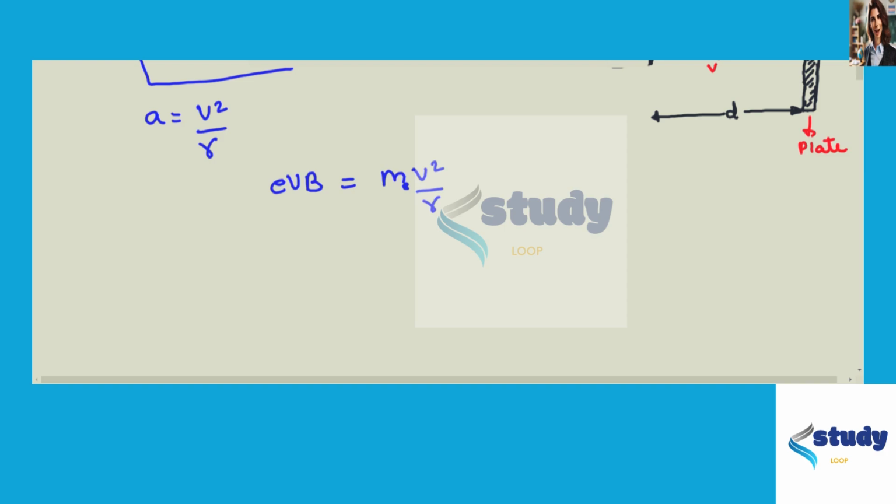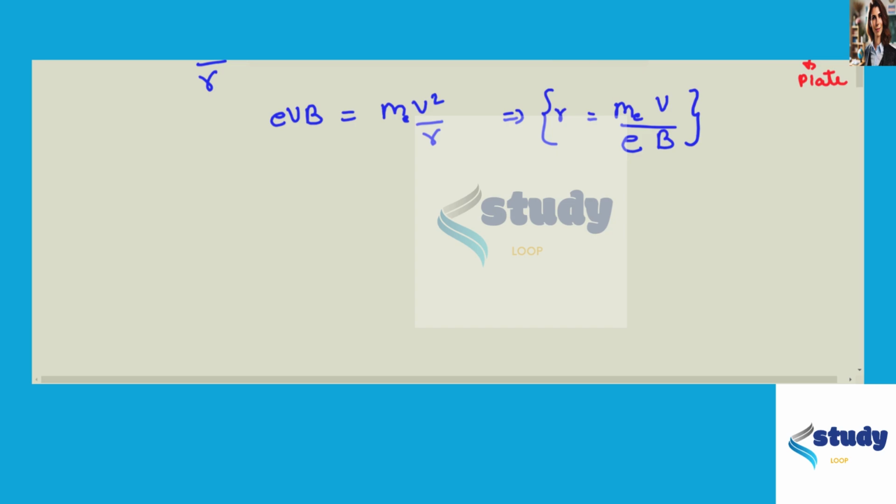Solving this, we get the value of r to be r equals mass of electron times v upon charge of electron times B. So we got the value of the radius to be m_e v by e B. Now, in the question it is given that the electron is moving with a kinetic energy K. So we know that the kinetic energy K is given by half m_e v square, where m_e is the mass of the electron and v is its velocity.